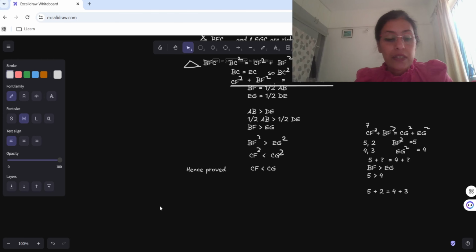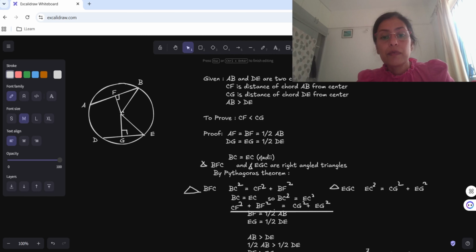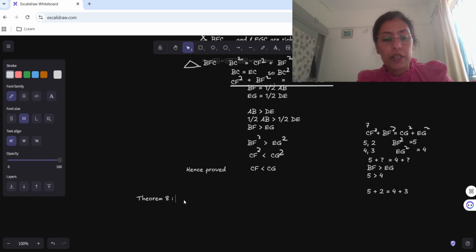So with this, we will write our theorem 8. How do we write the theorem? What have we been given? Here we need to talk in terms of the names of the chords. Otherwise, all these other theorems we have been writing generic. But here, because we have to specify which chord is greater than which one, we have to give the name of the chords.